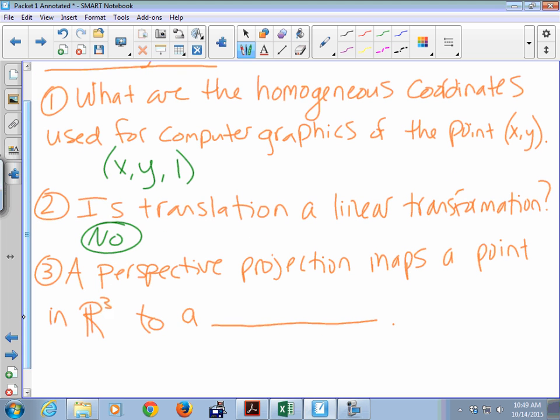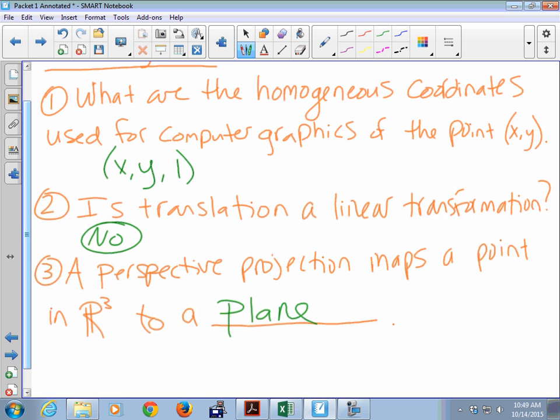All right, a perspective projection maps a point in R3 to a plane or viewing plane. Either one is good. No, because a surface can be 3-dimensional. A homogeneous point, sure.